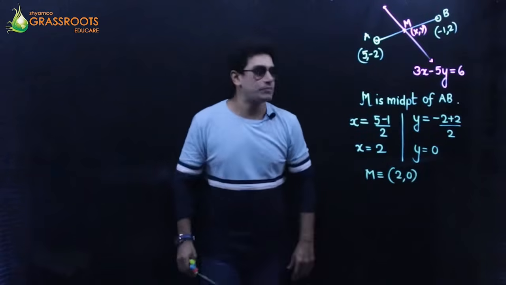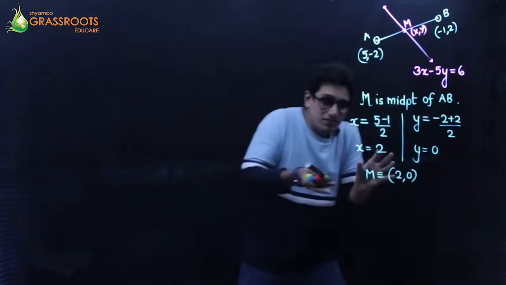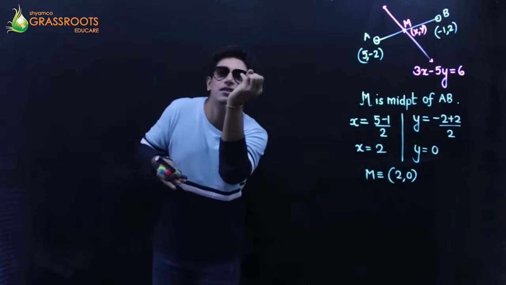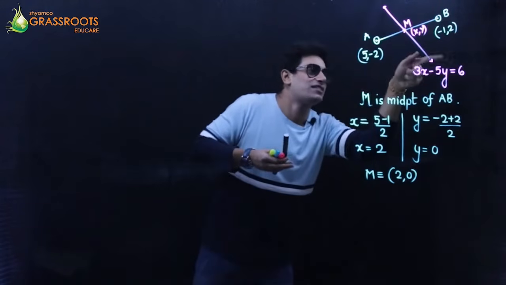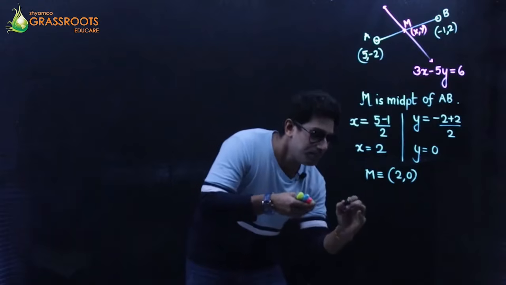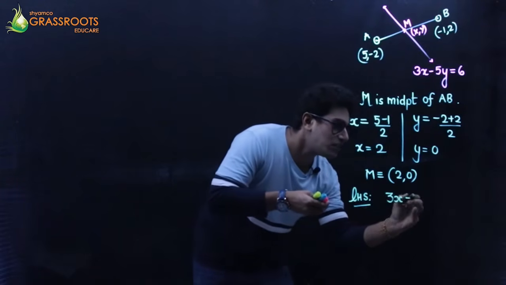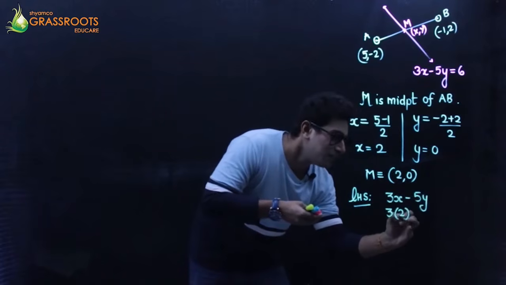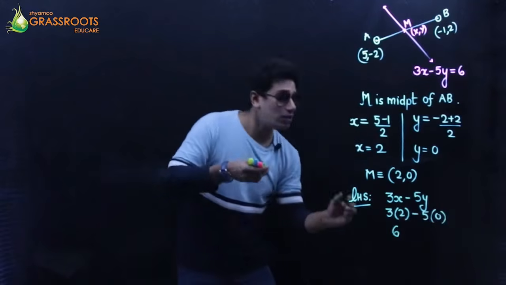I have to check, when I substitute this point, 2 and 0, into the LHS. My LHS, left hand side, is 3x minus 5y. Substitute: 3 into 2 minus 5 into 0 is 6.